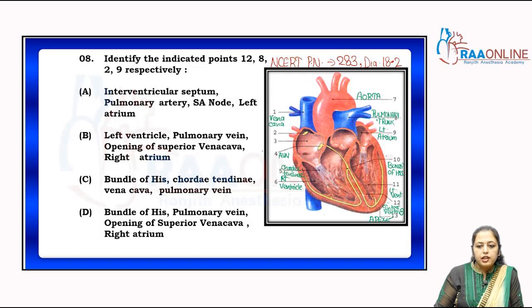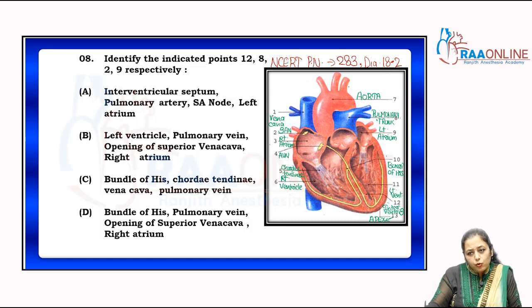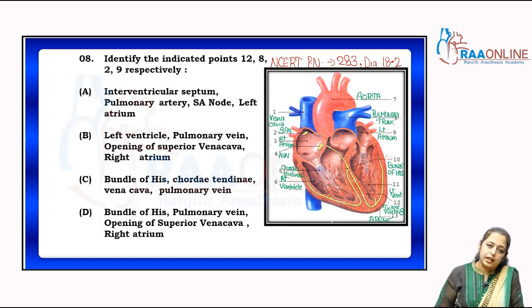That 3rd indicates towards the right atrium, right? That 2 is again a nodal tissue. It represents the SA node. Clear? So now we have all the enumeration of that diagram.